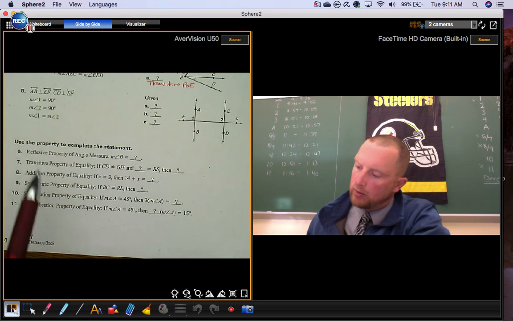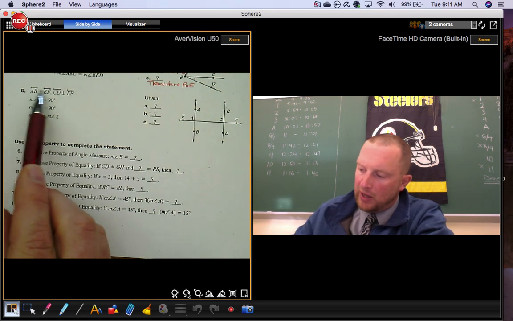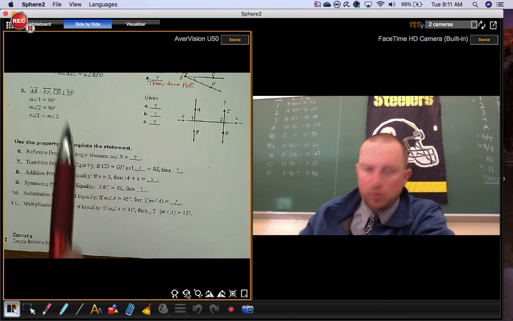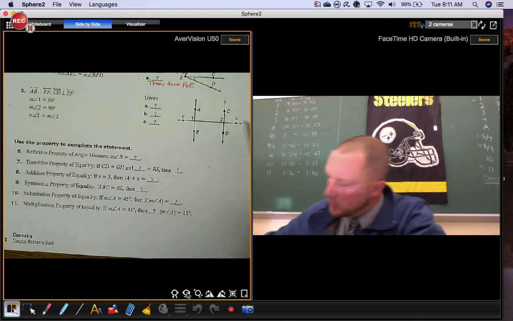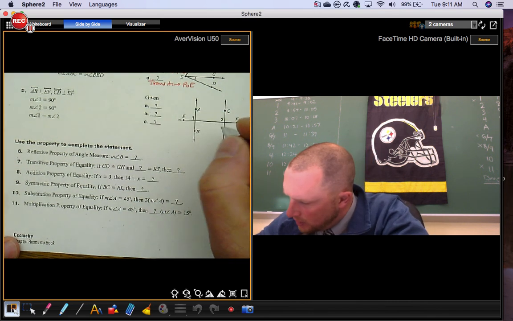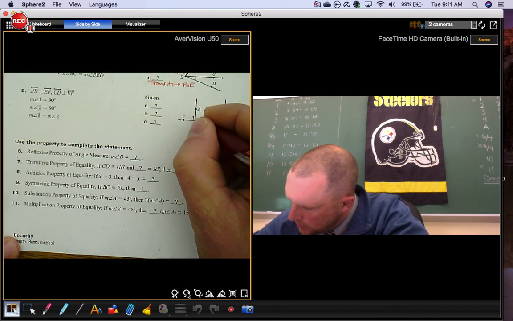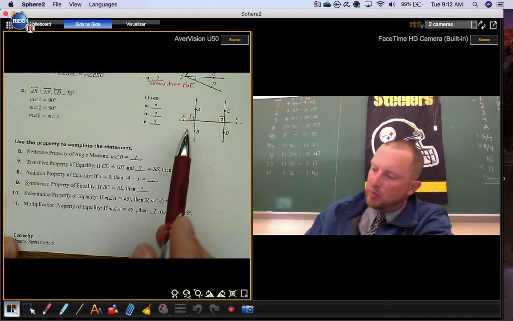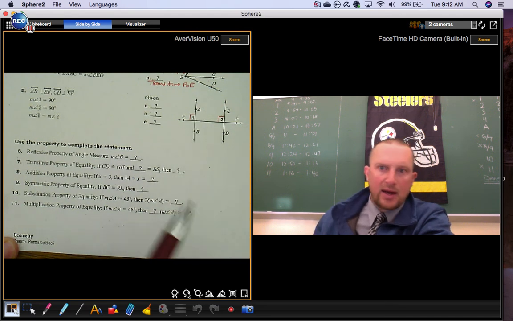Number 5. Two lines are perpendicular. That's what that means. Another two lines are perpendicular. So they don't show that in the picture. You could actually put that in there though. If two lines are perpendicular, this is the marks that you'll see in the diagram a lot of times.